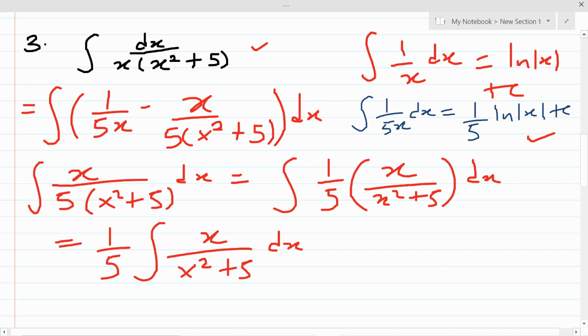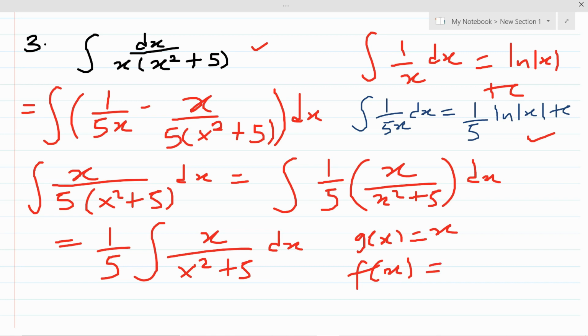Now you can use substitution here because, looking at the numerator and denominator, from our first substitution method that we did, you can call our g of x to be x and our f of x to be x squared plus 5.